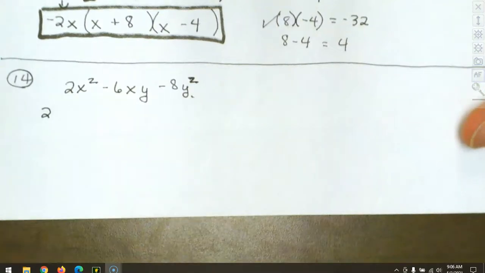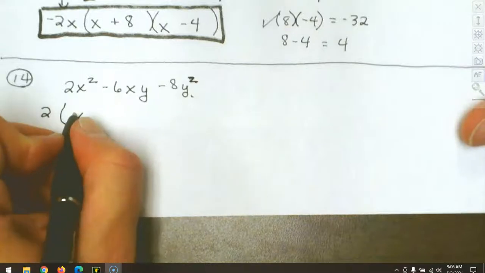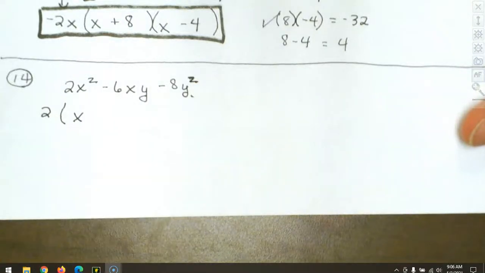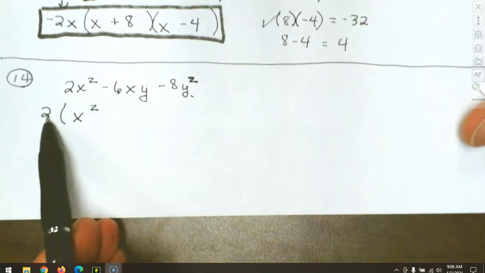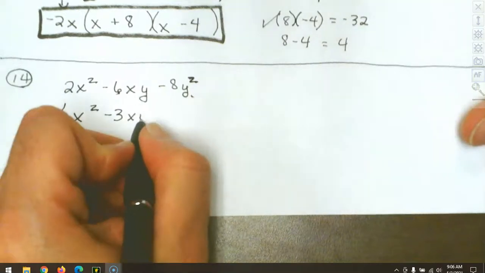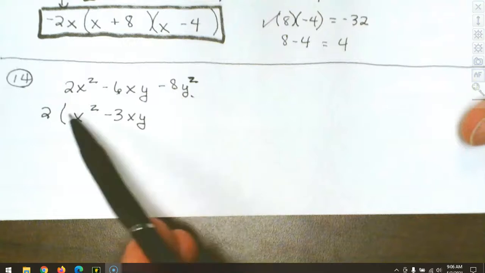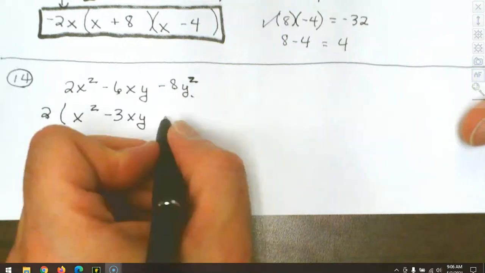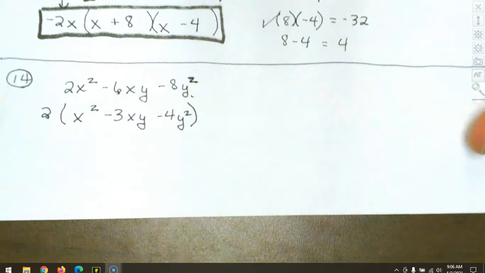We took our 2 out. What's left over? Well, 2 divided by 2 is 1, so that's gone. So that leaves you with an x squared. Negative 6 divided by 2, that's a negative 3xy. Negative 8 divided by 2, that's a negative 4y squared.